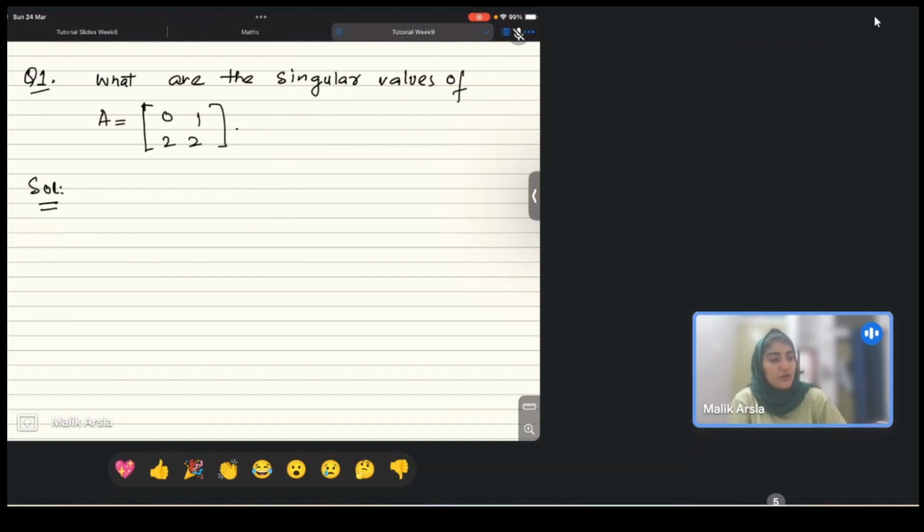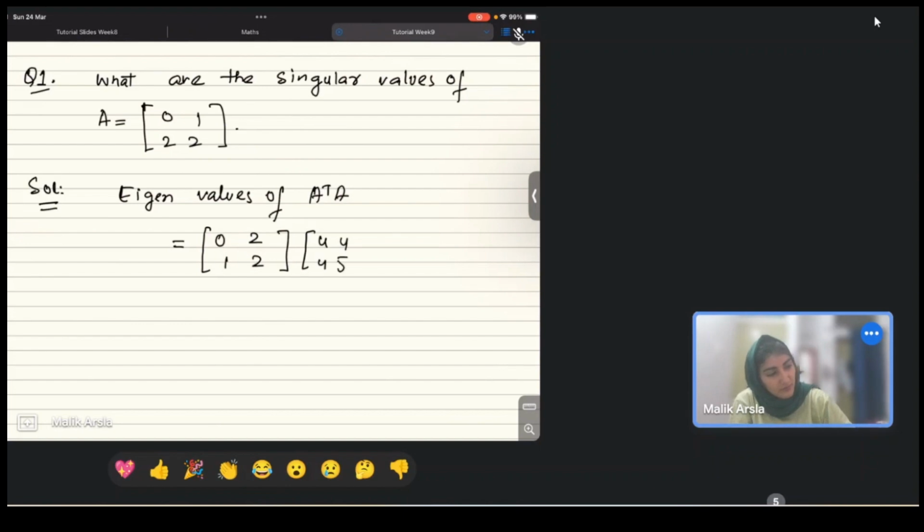We know that singular values of A are nothing but the square roots of the eigenvalues of A transpose A, right? So that would be A transpose into A. Sorry, this is A transpose.